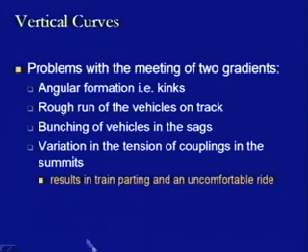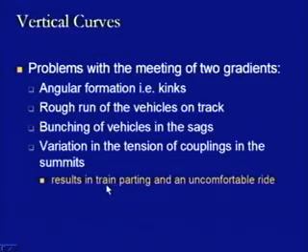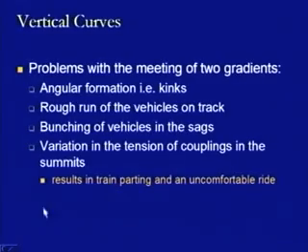So, these are some of the problems which are there with the meeting of the different gradients, and so as to meet out all these things, certain measures have to be taken so that there is a smooth variation from one gradient to another gradient, and that is where the smooth movement can take place with respect to the different types of forces which may be acting.